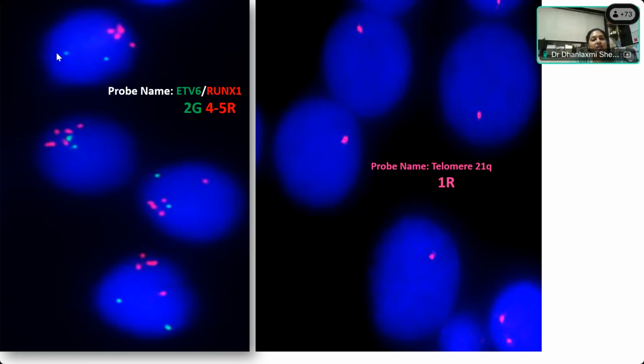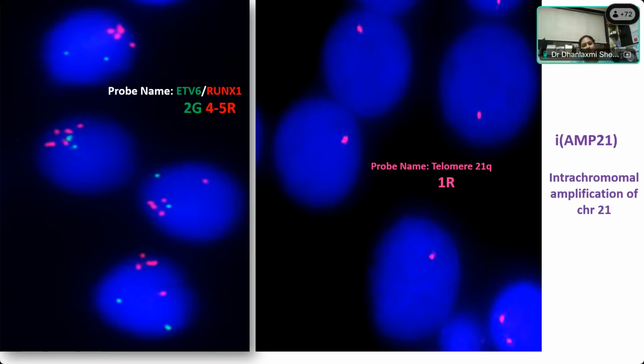So here I can see 2 greens and 4 to 5 reds, right? And this is just a simple supporting probe that we have used here, telomeric 21q, which gives you 1 signal, or it could be 2 as well. So what is this indicative of? Yes, many of the answers are right.